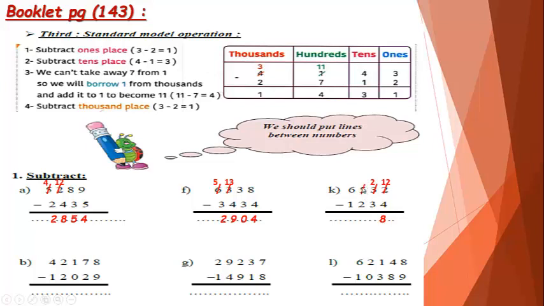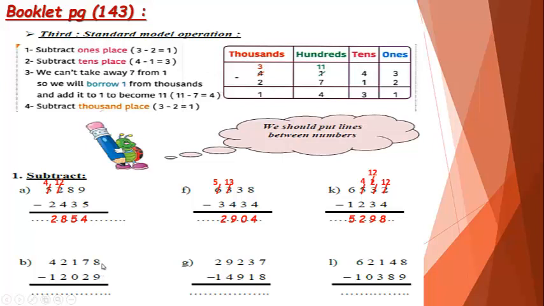Take 1 from the 5, it will be 4. And this 2 will be 12. 12 minus 3 equals 9. 4 minus 2 equals 2. 6 minus 1 equals 5. So the final answer is 5,298.